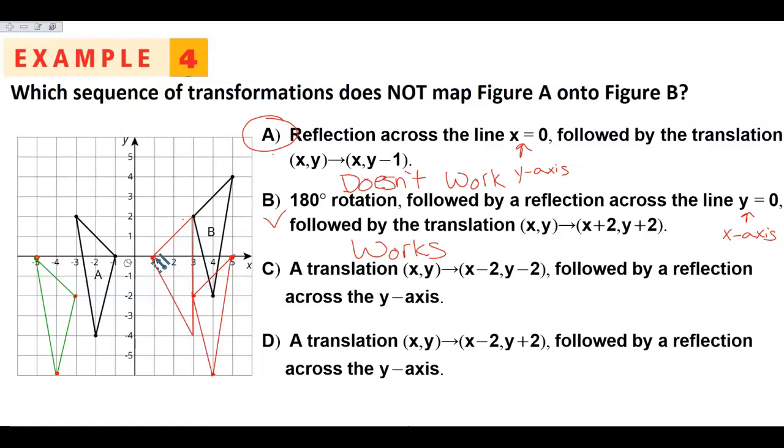This one is backwards. This maps B onto A, not A onto B. All right, because if I reflect it across the Y here, that's going to work. But it's the wrong way around, okay? We want to go A to B, not B to A. All right? So this one does not work, which answers kind of our question.